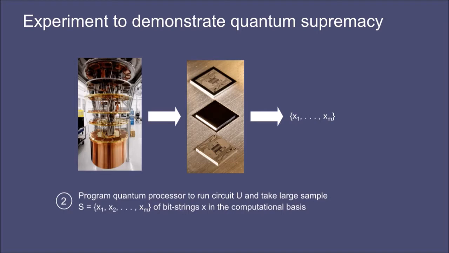They keep the chips at about 10 millikelvin. And so the little quantum algorithms that I showed you can be put onto the quantum chips. That's what they're made for. And then I can do this protocol and essentially measure m bit strings. So I take m samples from this probability distribution.